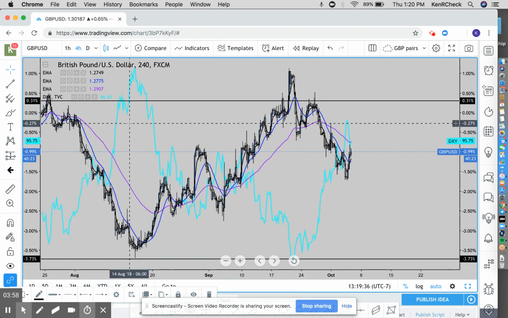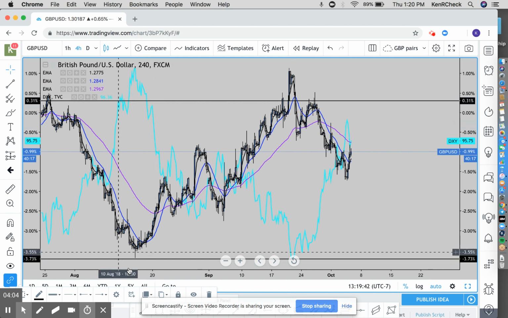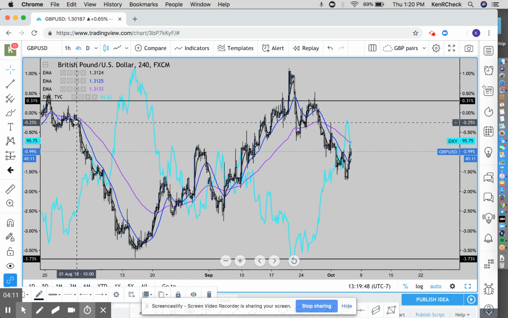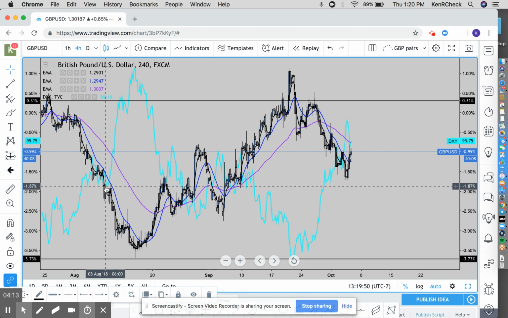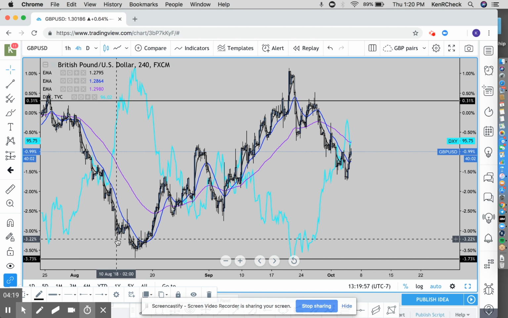So perfect. You see how this is a head and shoulders on the dollar, and this is an inverted one. The dollar's going up, and this was a sell opportunity. If you caught it from here, it went up, you sold it, it created a nice inverted head. You put a nice horizontal line here.